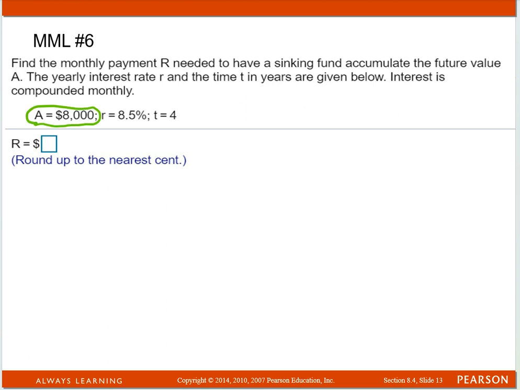So again, it's this same formula of A equals, actually, let me go over here.